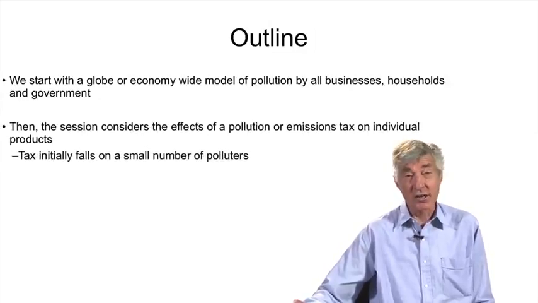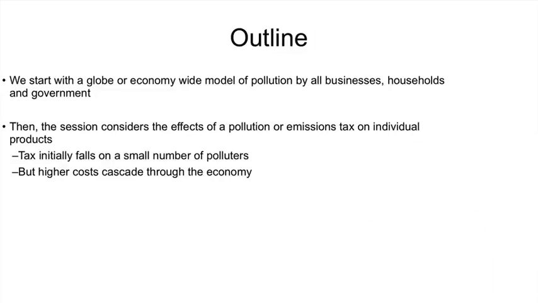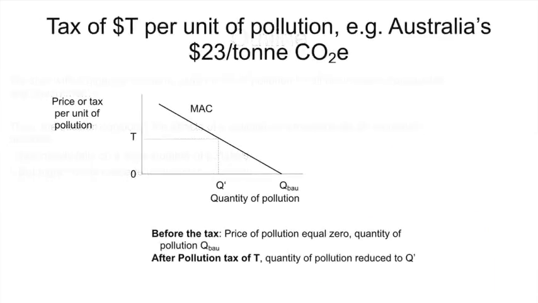So the tax initially falls on a small number of polluters, such as the electricity generators, but then the higher costs cascade through the economy to other businesses as they use energy inputs and to households as we purchase electricity and other products.